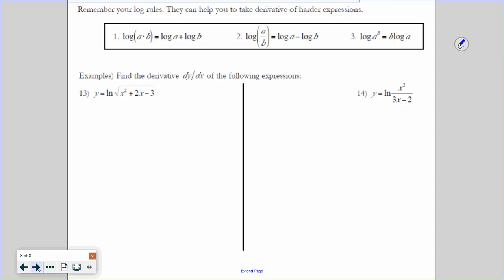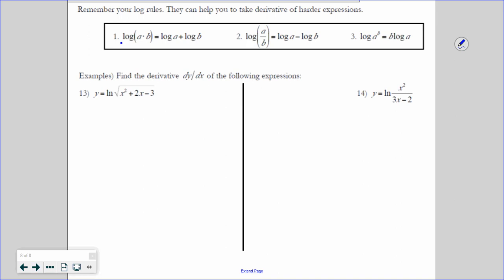Okay, so you guys, in these next few examples, I wanted to show you that we can also use properties of logarithms, which will actually make finding some of these derivatives easier. These are the three properties of logarithms that I'm referring to.